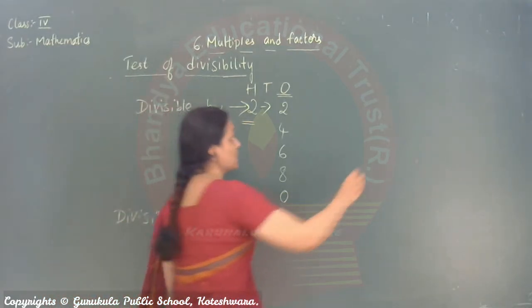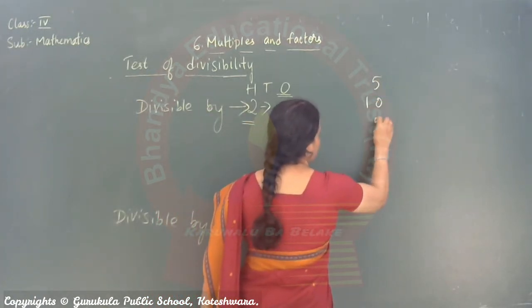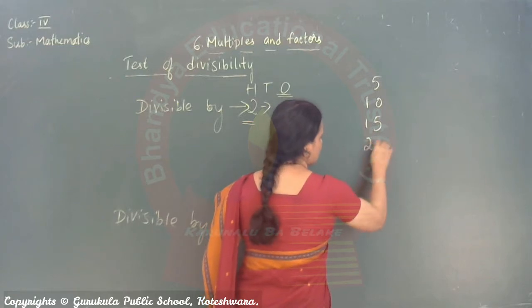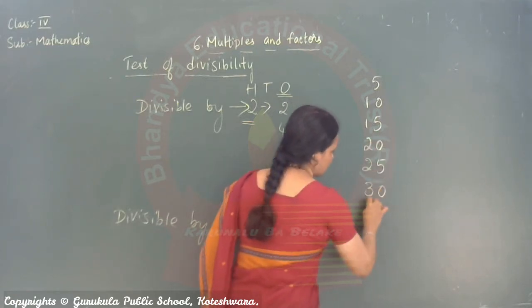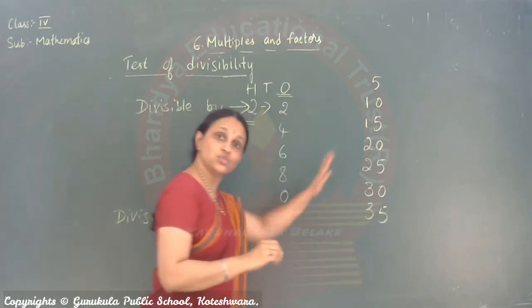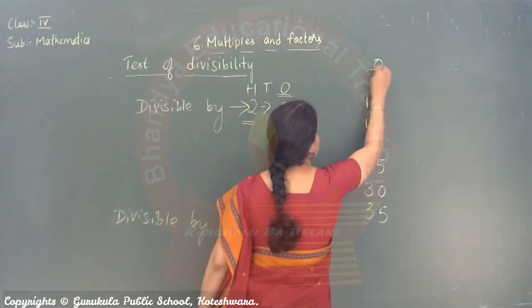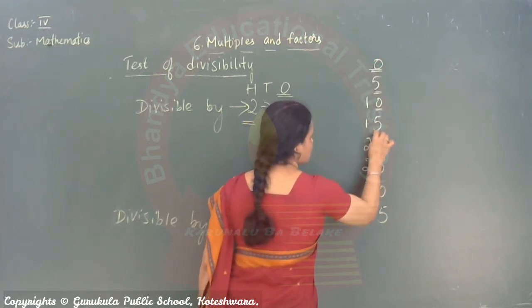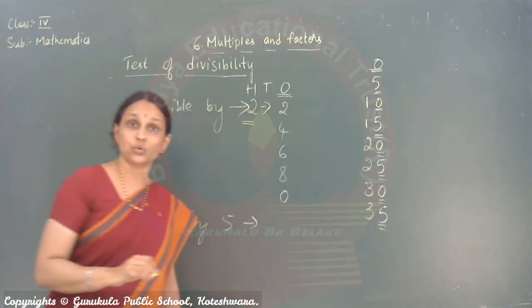Just recall, 5 ones are, what is the answer? 5 ones are 5, 5 twos are 10, 5 threes are 15, 5 fours are 20, 5 fives are 25, 5 sixes are 30, 5 sevens are 35. Just go on writing and see what is in the ones place. Either it is 5 or 0.